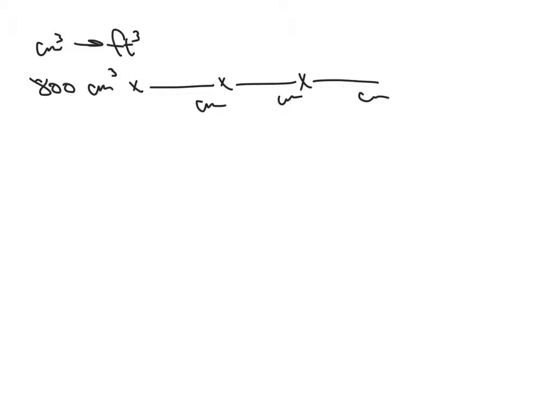Do you know anything about converting centimeters to feet? I don't. But I do know that there are 2.54 centimeters in 1 inch. So I'm going to convert my centimeters to inches, because then at least I've got it from metric to the English system.